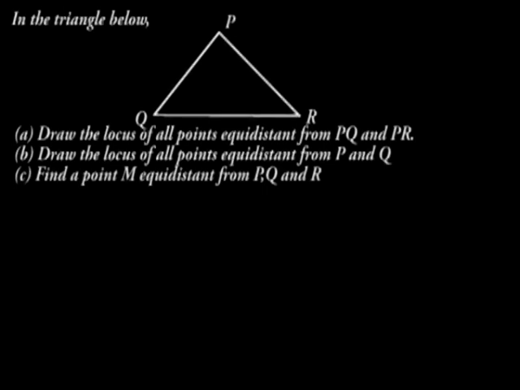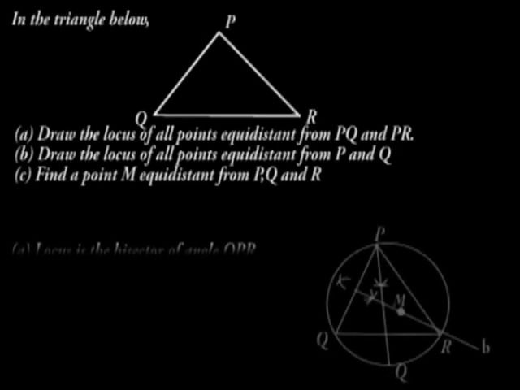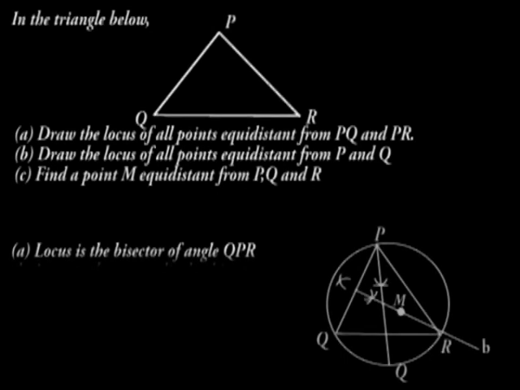In our solution, A. The locus of points equidistant from PQ and PR is the bisector of angle QPR.